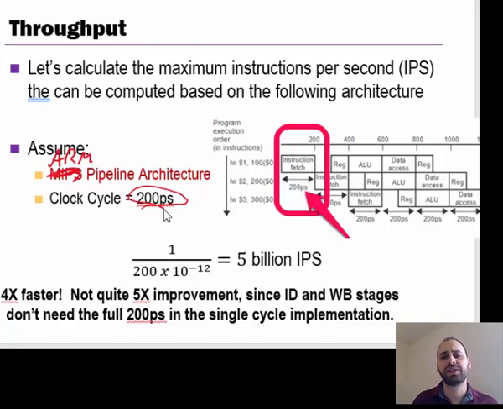So this clock cycle time of 200 picoseconds is how long it's going to take us to complete one instruction. In terms of throughput, we're going to be able to do 5 billion instructions per second, given these assumptions. That is 4 times faster than the 1.25 billion instructions per second that we saw for the single cycle implementation.